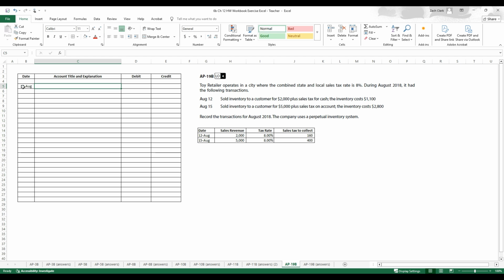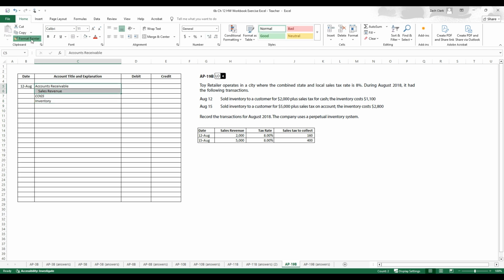Okay, so remember when we were doing the inventory transactions earlier, we would record sales revenue. We would record accounts receivable, sales revenue, cost of goods sold, COGS, and then inventory.